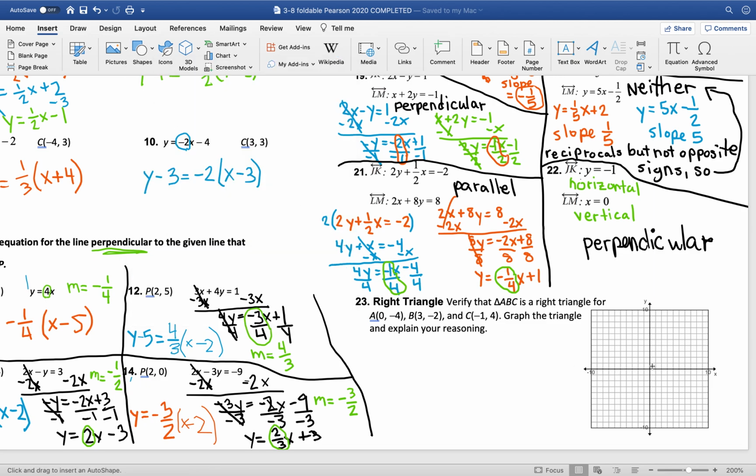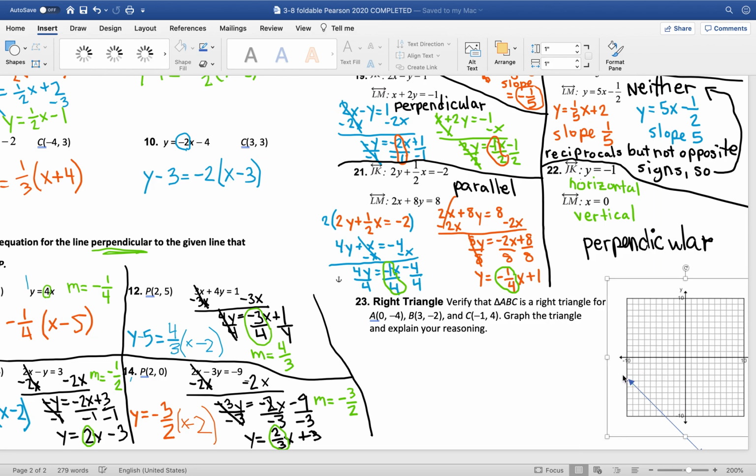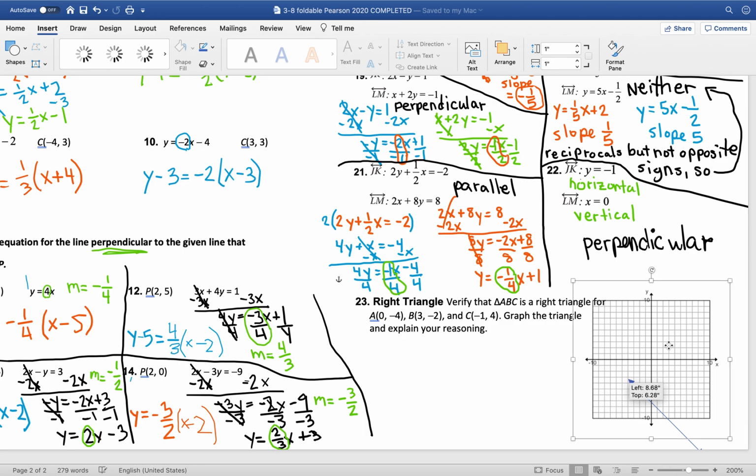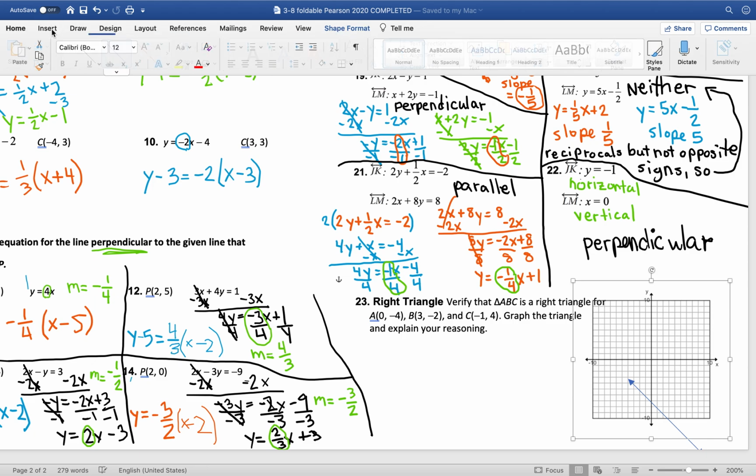All right, so I can put a line on this graph. Yes, I can. All right, then I can rotate this line around. Not the graph. Unbelievable.